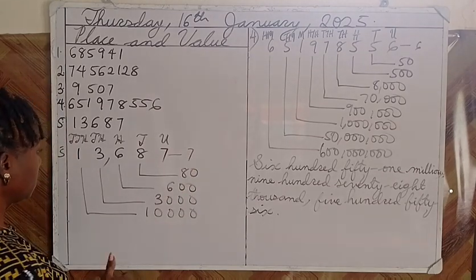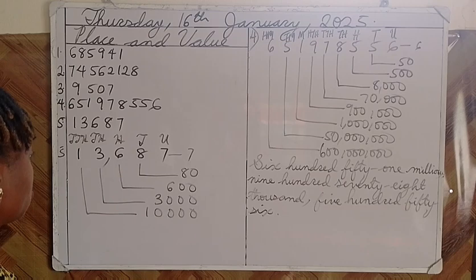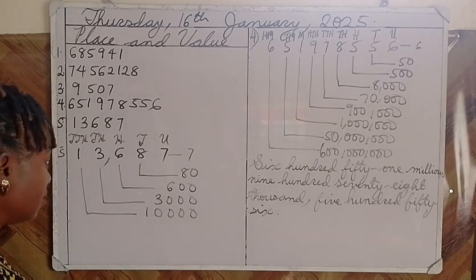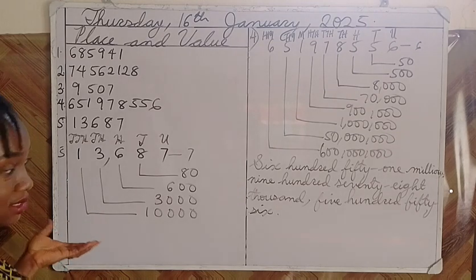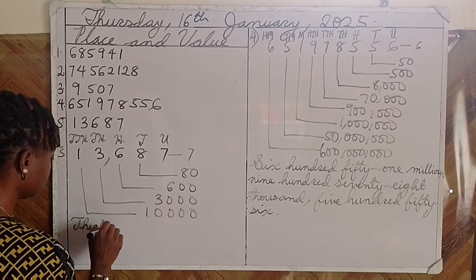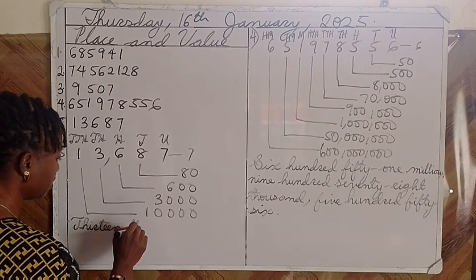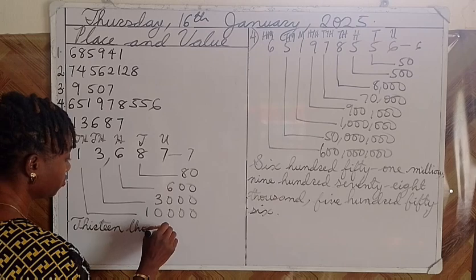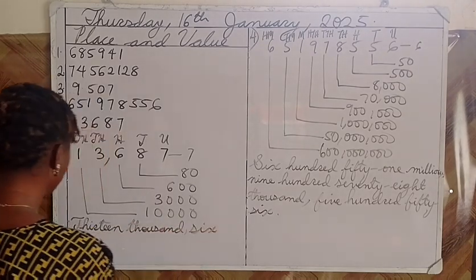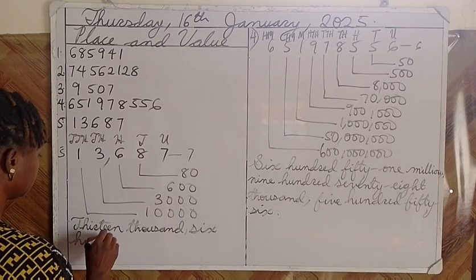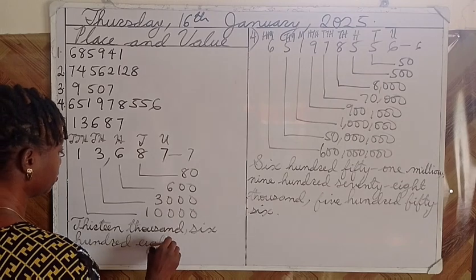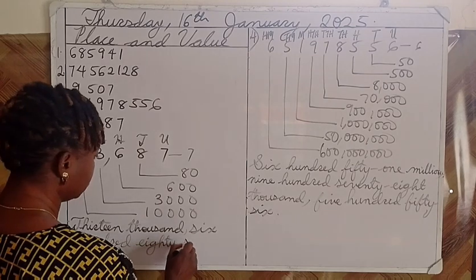Now, the number of this question in words can be written as 13,687.